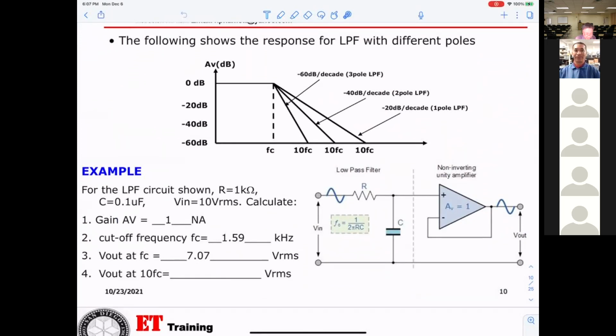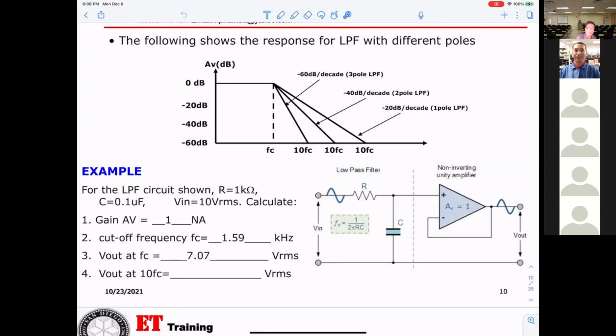Okay, now an example. For the LPF low pass filter circuit shown, the resistor right here is 1 kilo ohm, C is 0.1 microfarad, and the input is 10 volt RMS. That means the voltage applied is 10 volts. So the first thing they want to know is to calculate the gain of the filter.